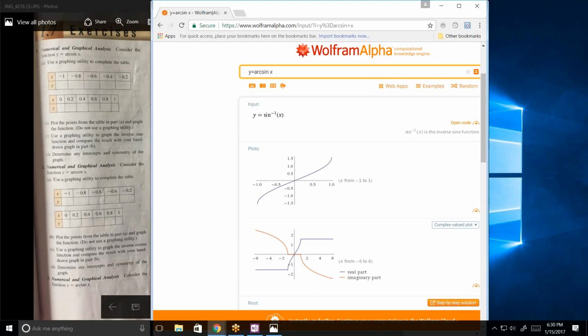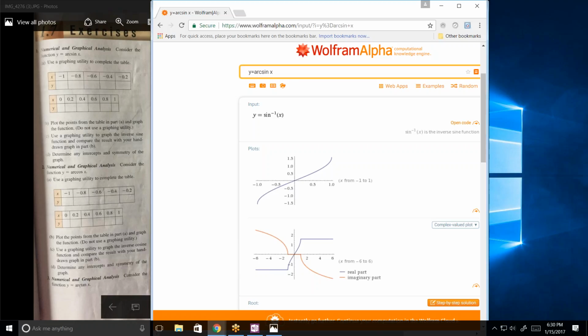What kind of symmetry are you looking at here? That is symmetry about the origin. Sine is an odd function. Odd functions have symmetry about the origin.